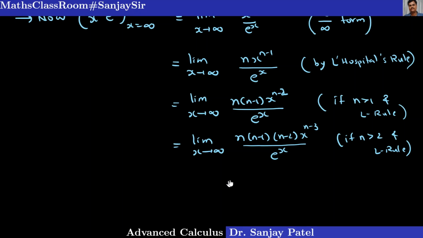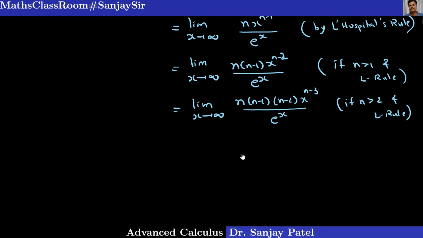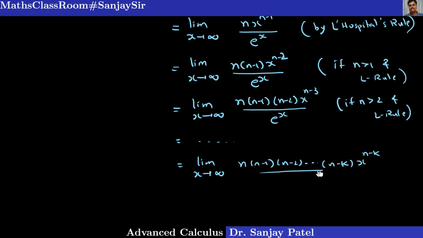So if we continue like this, then after some stage, say kth stage, the power of x, that is x raised to n minus k. Let me write this way. After some stage, say kth stage, we get limit x tends to infinity n into n minus 1, n minus 2, up to n minus k, and x raised to n minus k, suppose we get this after k steps.